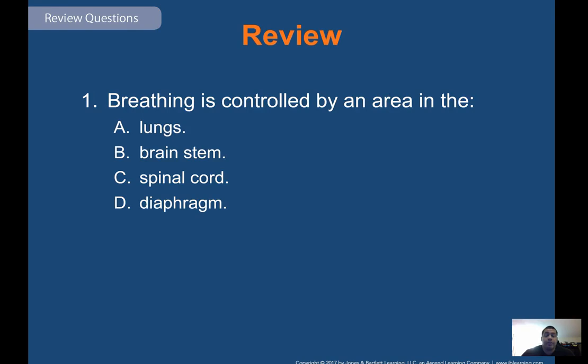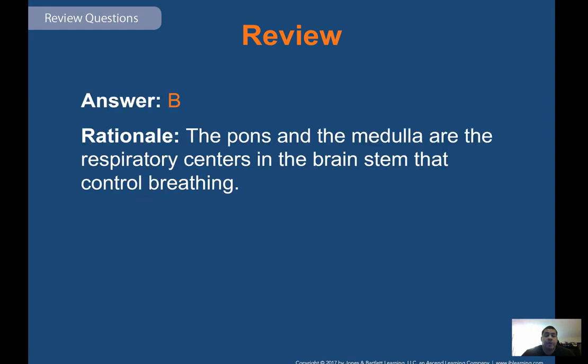So, review. Breathing is controlled by an area in the B. The pons and the medulla are the respiratory centers in the brainstem that control breathing.